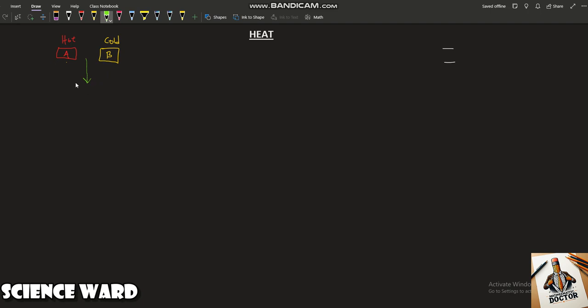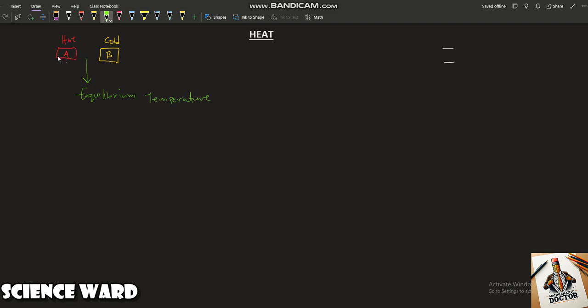They will have a kind of equilibrium, an equilibrium temperature. And this equilibrium temperature is what we refer to as a constant temperature in both A and B.